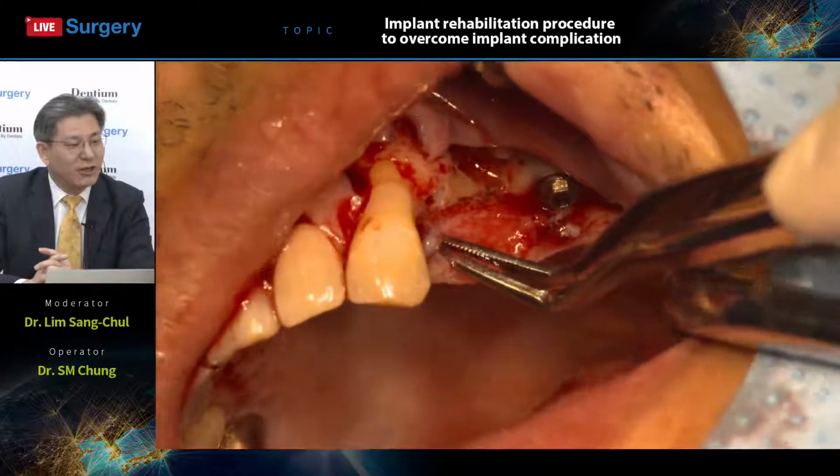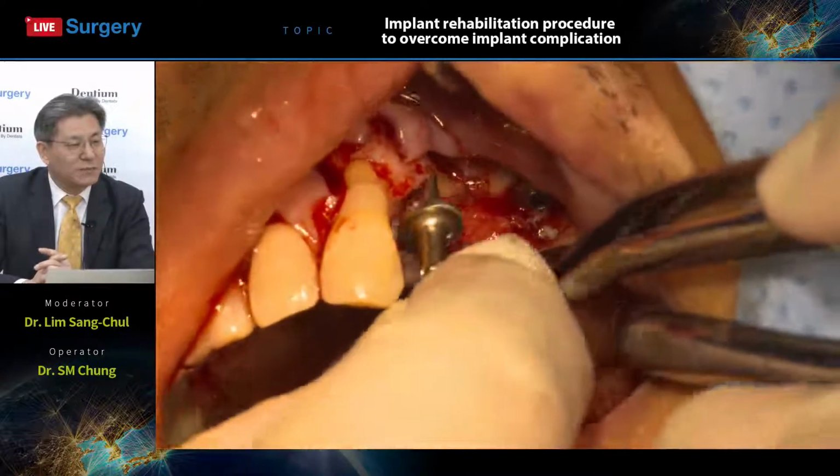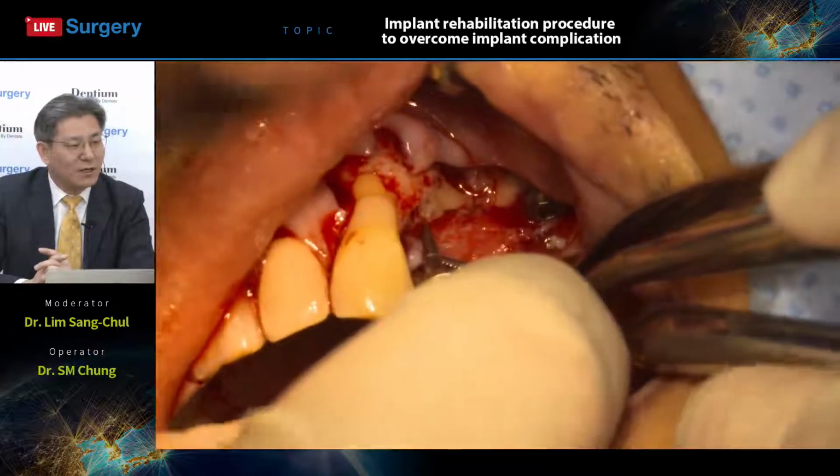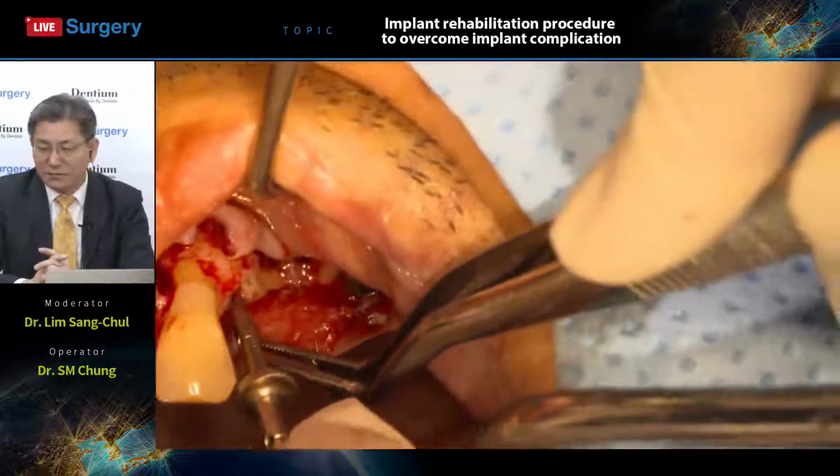This Lindemann drill is essential for making the osteotomy, right?